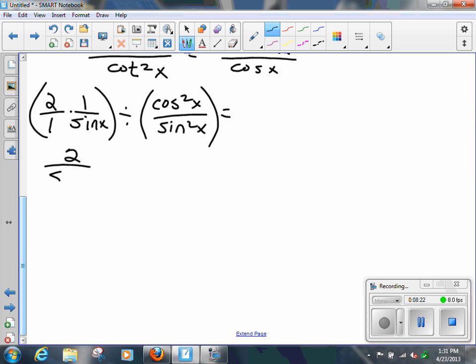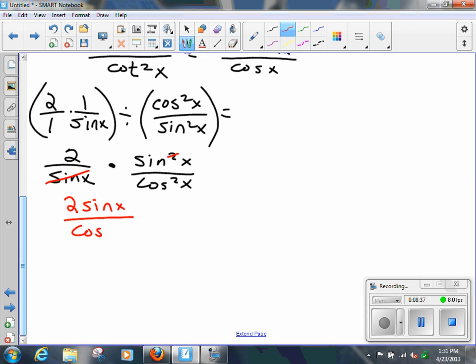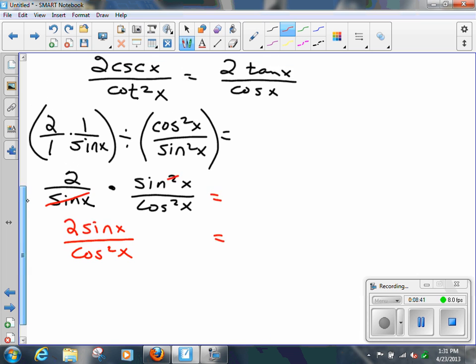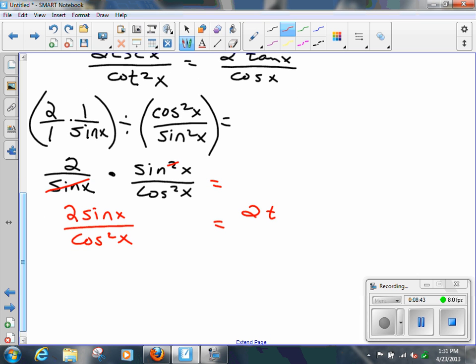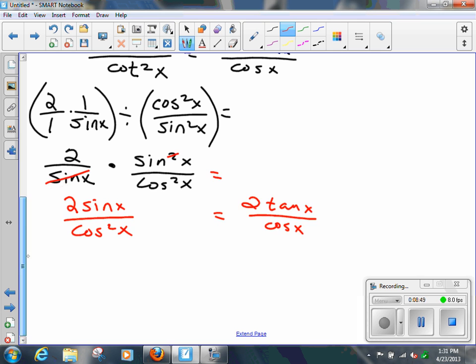That's going to give me 2 over sine x times sine squared x over cosine squared x. Now what? I lose a sine. My sines cancel. One of those cancel. And I get 2 sine x over cosine squared x, which is going to hopefully somehow end up being 2 tangent x over cosine x. Huh.